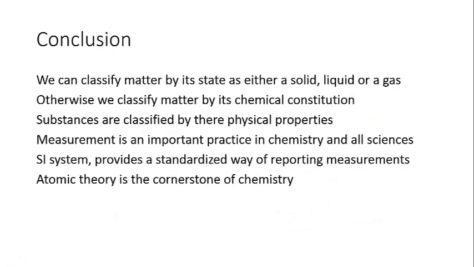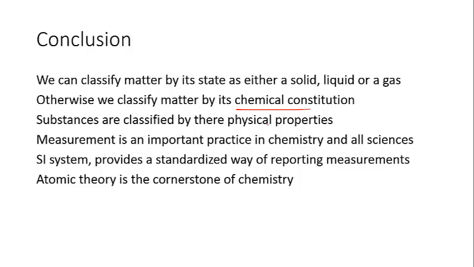So to sum up, we discussed ways in which we classify matter. We can classify matter by its state as either a solid, liquid, or a gas, or otherwise we classify matter by its chemical constitution as either an element, a compound, or a mixture. The physical state of matter is dependent on temperature and pressure, whereas the chemical composition of matter remains constant.